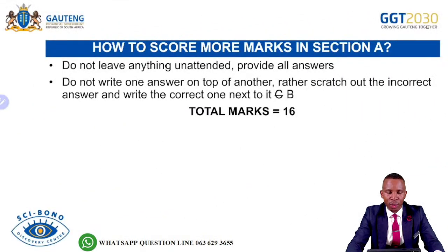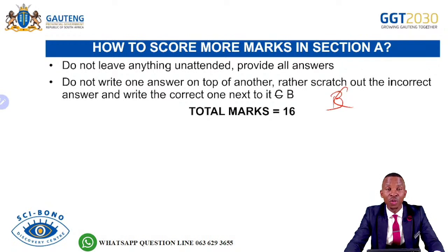And then we'll continue. Do not leave any space unattended. Ensure that you attend to every question and answer everything. Don't leave something with the hope that you will come back later to recover. Just answer everything and go on. You don't have to write an answer on top of another answer. Don't say B and then you notice that it's wrong and you say C over it. You won't be marked for this.